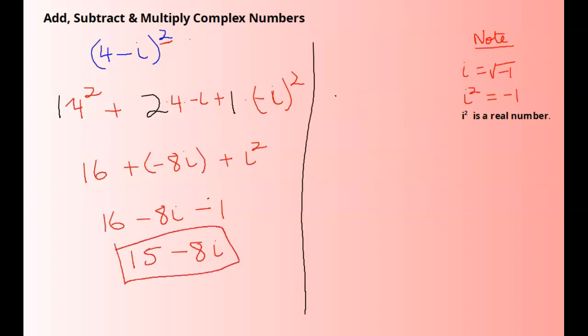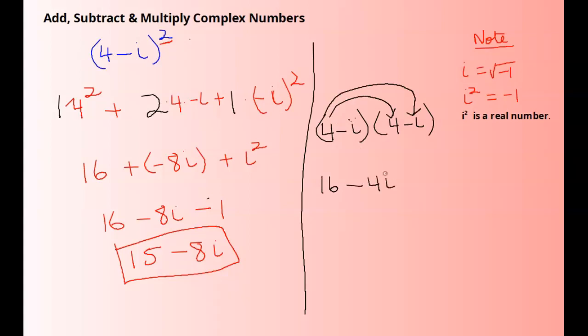If we want to use our old way to do it, we could have set it up as 4 minus i, and then 4 minus i repeatedly, and then 4 times 4 is 16, 4 times negative i gives us negative 4i, and then this gives us the same negative 4i, and this negative becomes positive.